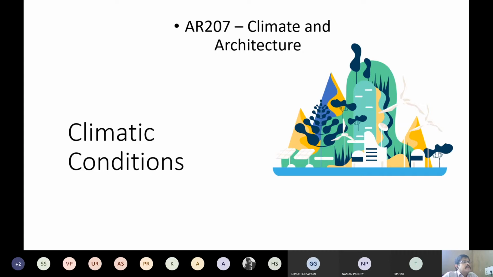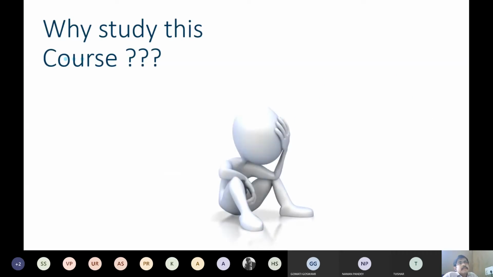So today, our first lecture will be looking at what these climatic conditions are. When you talk about climate and architecture, what are you going to study in this? It's a theory course, might not have a lot of credit, but what is the point of studying this particular course, climate and architecture?